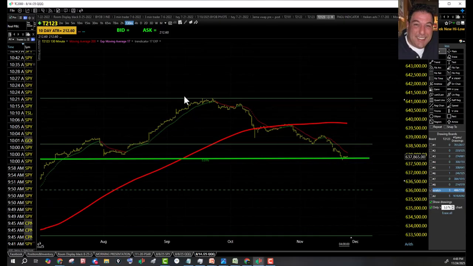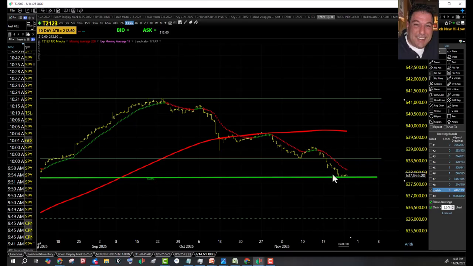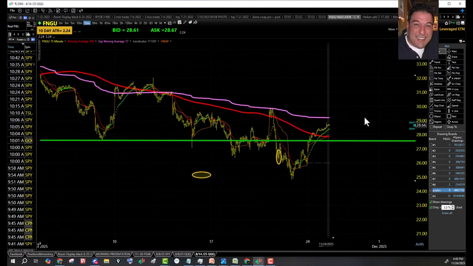In order to negate this head and shoulders, price needs to go up and decapitate the head again. Otherwise the head and shoulders may play out in the near future. So there's T2123. We're barely hanging on to bullishness up here, and we're in a downtrend on the 3-bar chart.